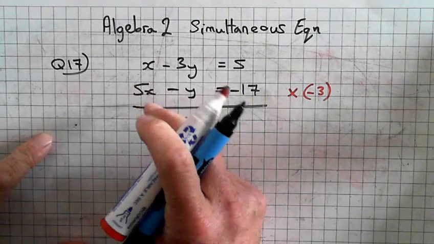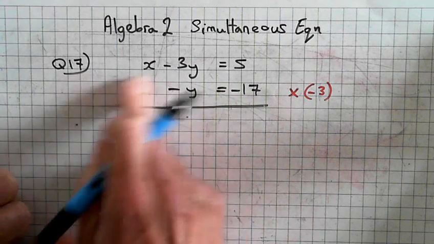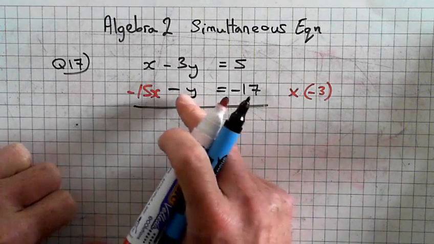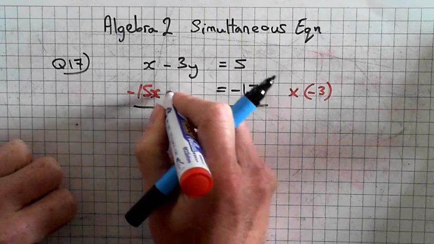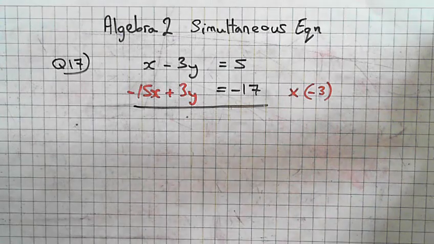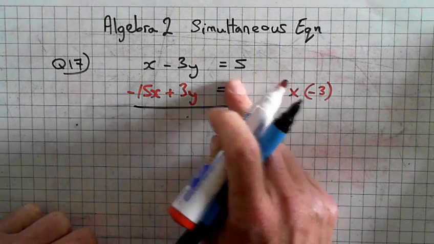So if I multiply 5 by minus 3, what do I get? Minus 15x. Multiply minus 1 by minus 3, I get plus 3y. Multiply minus 17 by 3, and I get 51.